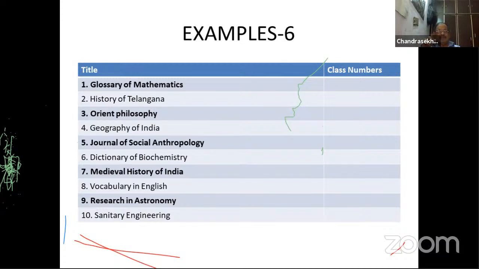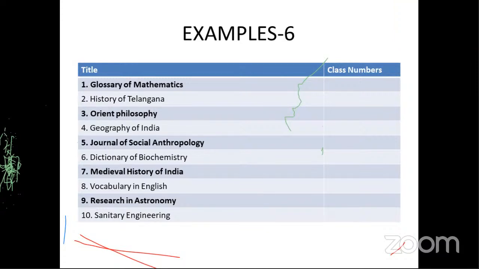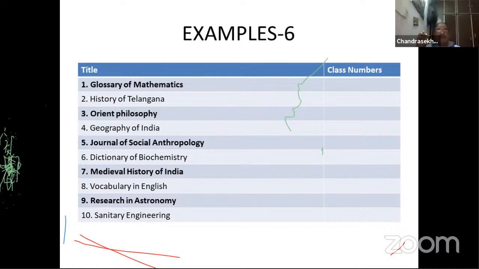History of Asia అంటే ఏం చేస్తాం? 950, because there should be a minimum of 3 digits for every number in Dewey classification. So when you are combining, 9 is the base number, 5484 is the number from table 2 geographical areas.